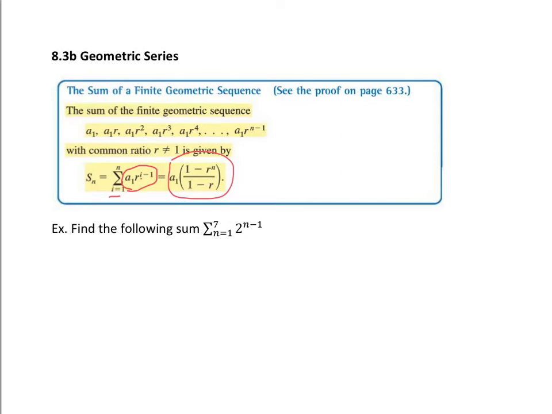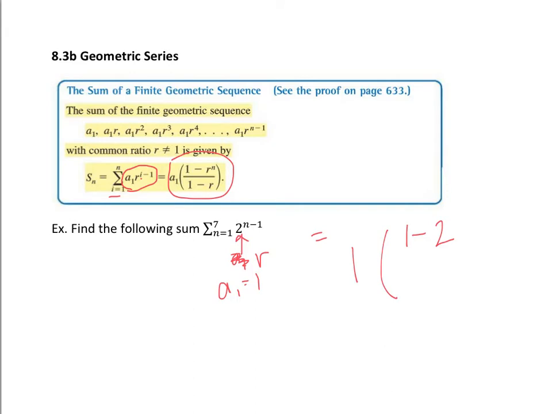Find the following sum. Okay, so I know this is my a sub 1. Oh, nope, that's my base. So that must be my r. My a sub 1 must be 1, since it's understood out front. So that's going to mean my a sub 1 is 1 times 1 minus r to the n.